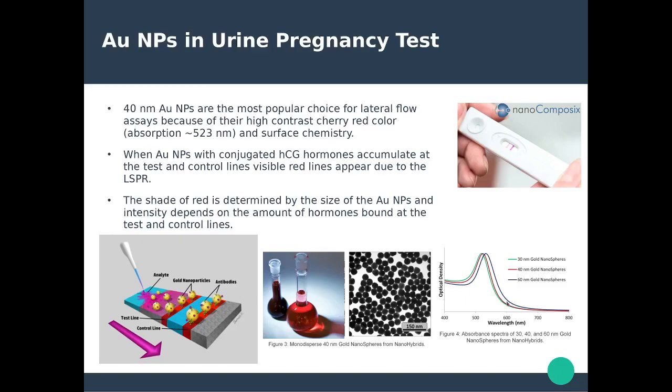And this is the spectrum of those nanoparticles with the plasmon resonance around 520 nanometers. These are some examples of those colloidal nanoparticles. So the shade of red is really given by the size of the nanoparticles, so where the spectrum is going to sit, and the intensity of the line will be directly connected to the amount of hormones bound to the nanoparticles at the test and the control lines. So this is something which is extremely powerful.